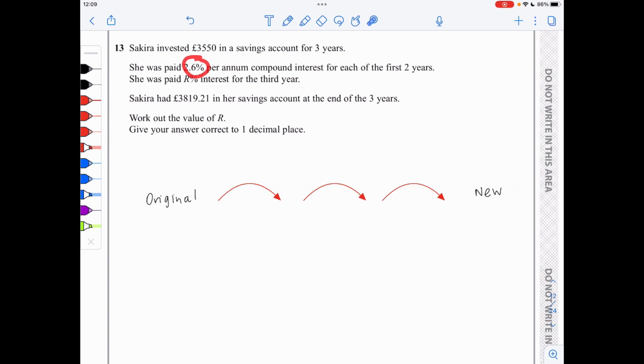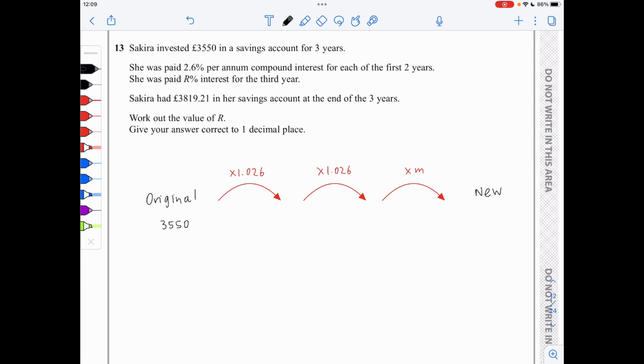Now, the 2.6% per annum is equivalent to a multiplying factor of 1.026, and this was happening for 2 years. And I will call the multiplying factor associated with the interest of the third year M to make my life a bit simpler. We started off with 3,550.